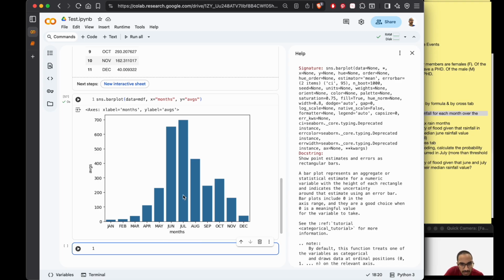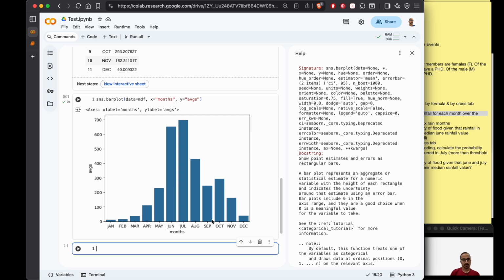So clearly June, July, August. June and July clearly are the highest, and August is also fairly high, and then September, you see there's a dip, and then October there seems to be slightly higher rain as well.